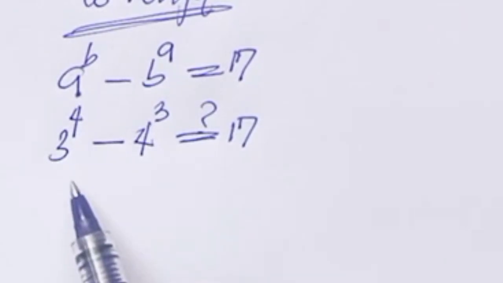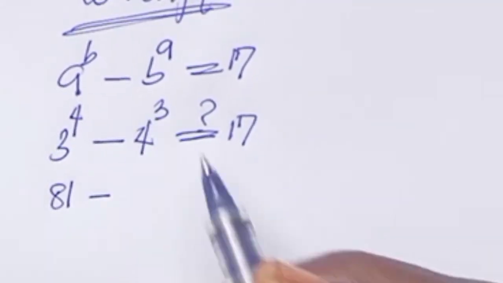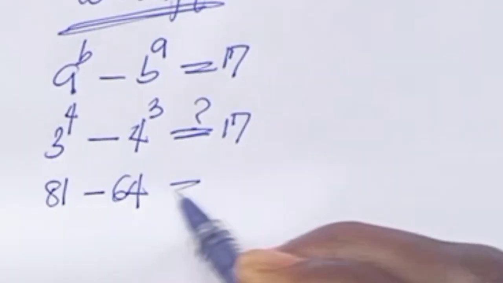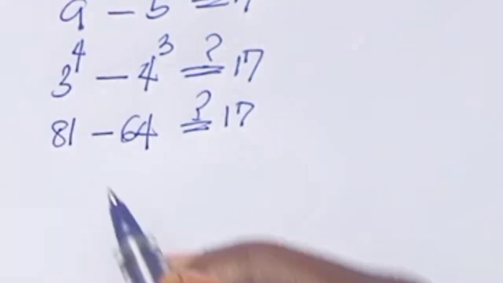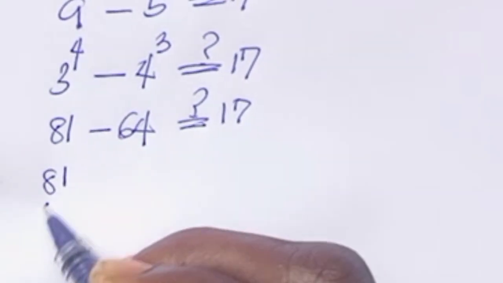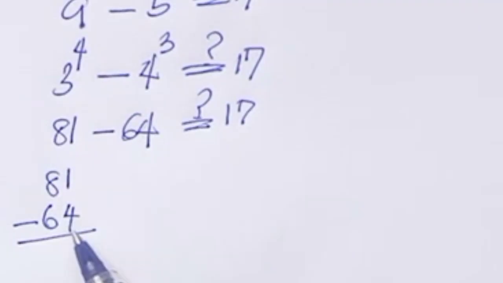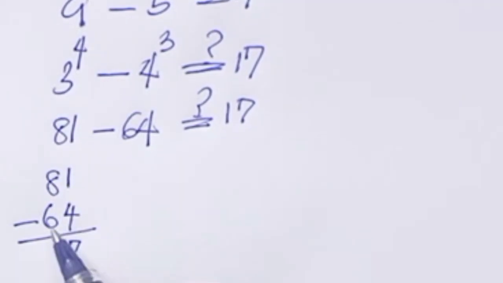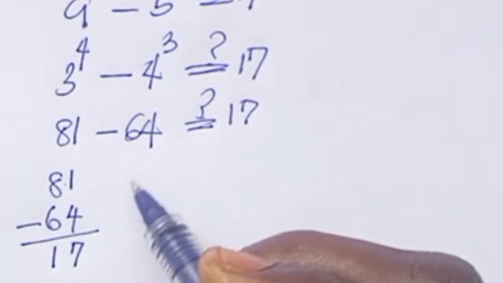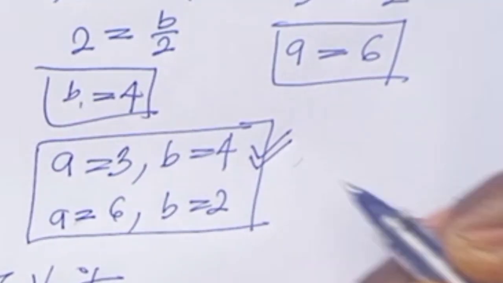If we do this very well, 3 to the power of 4 will be 81 minus 4 to the power of 3, and that is 64. We want to know if this will be equal to 17. This is 81 minus 64. Carry on here, 11, 4 minus 11, that is 7. What is left is 7. 6 minus 7, that is 1. Of course, 17 is equal to 17. So the first pair is verified.